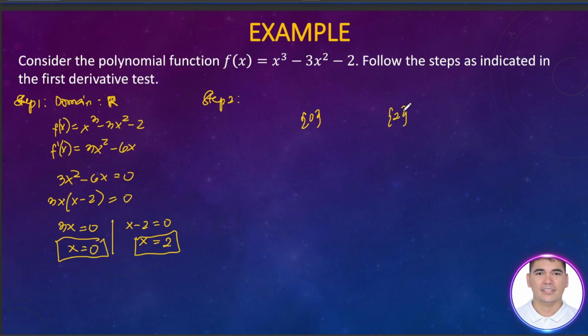And those are our critical numbers. So we subdivide. At the center, the two, 0 and 2. Here we have negative infinity to 0. Here we have 2, and then positive infinity. So that is the subdivision.